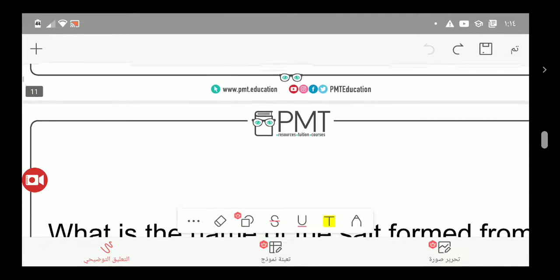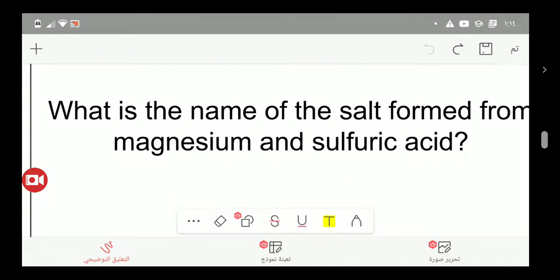Next question: what is the name of the salt formed from magnesium and sulfuric acid?